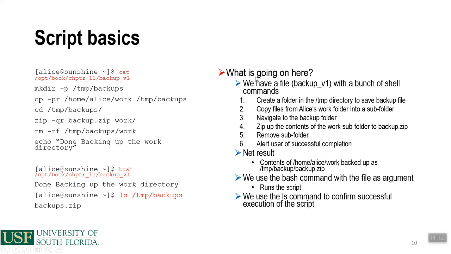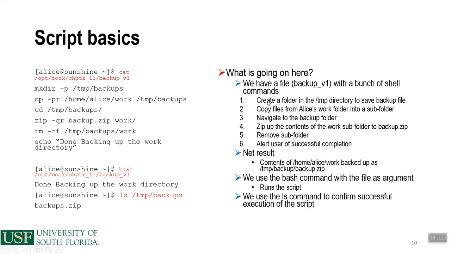If we break it down, looking at the prompt, we can see cat /ops/book/chapter11/backup_v1. This is the particular file that we're accessing, called backup_v1. So now we're in that particular file, and this file has a bunch of shell commands in it.